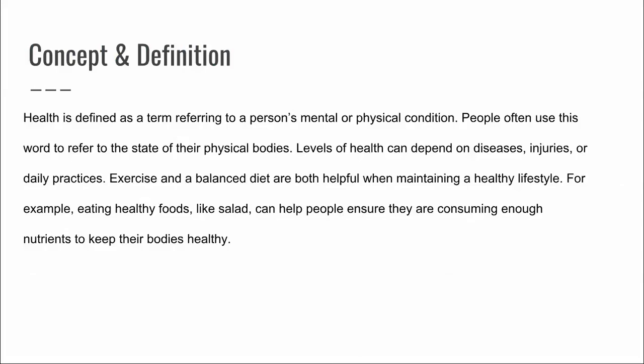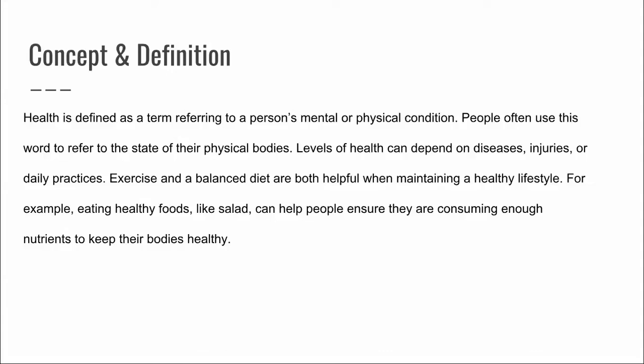Health is defined as a term referring to a person's mental or physical condition. People often use this word to refer to the state of their physical bodies. Levels of health can depend on disease, injury, or daily practices. Exercise and a balanced diet are both helpful when maintaining a healthy lifestyle.